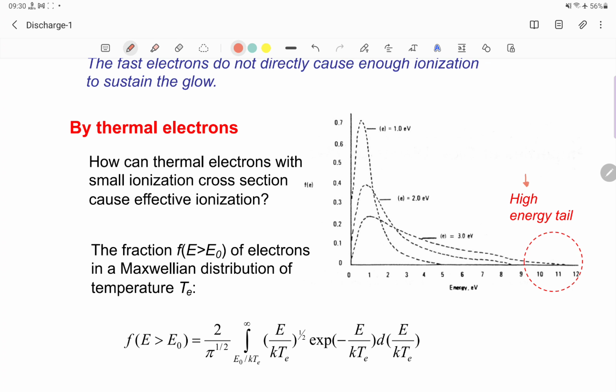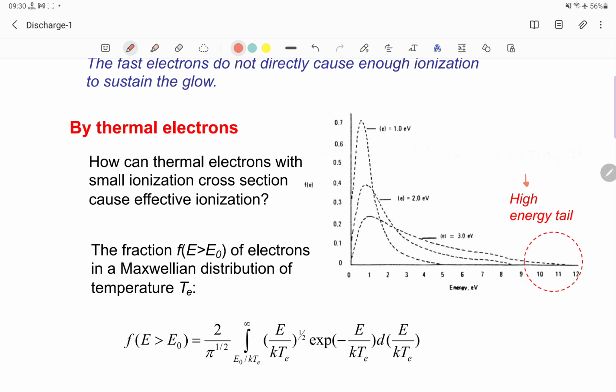Okay. And for a plasma, if we want to generate plasma, we need to flow gas inside a plasma system. For example, in order to generate argon plasma, we need to flow argon gas in the system.